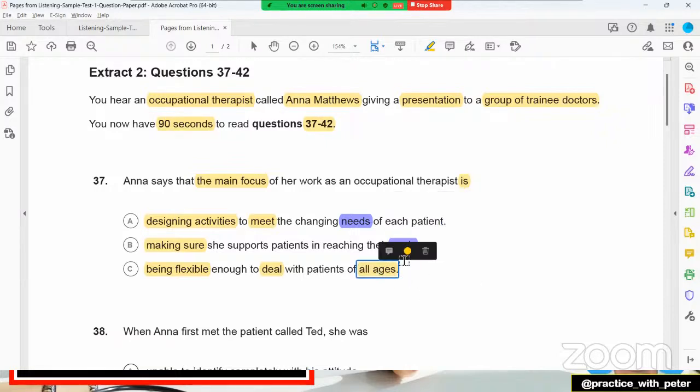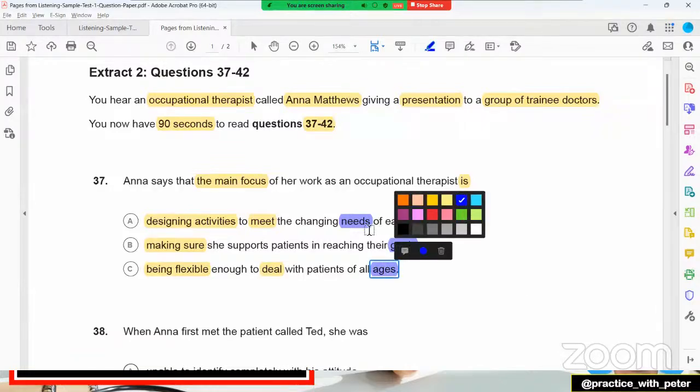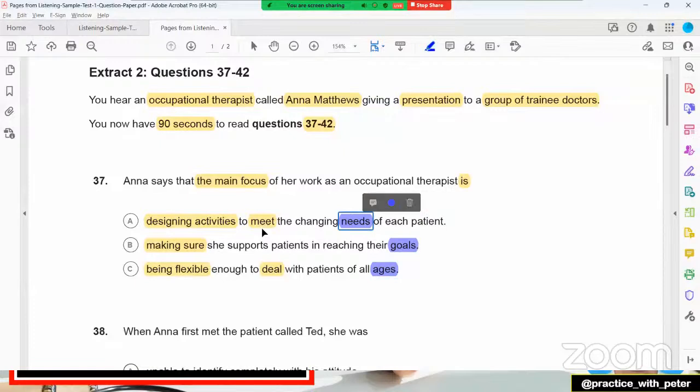So all ages. Age-related needs, need-based designing, goal-oriented ensuring, and age-based dealing. So needs, goals, and ages. So these are individual needs.